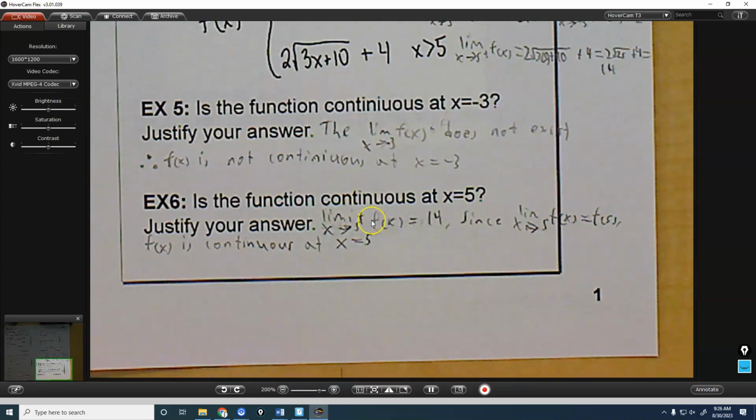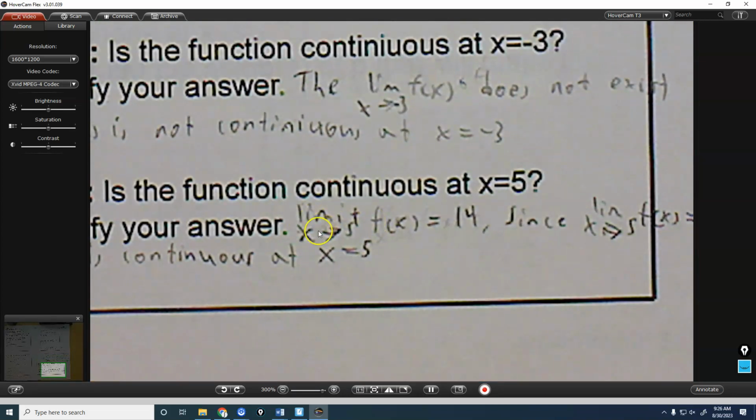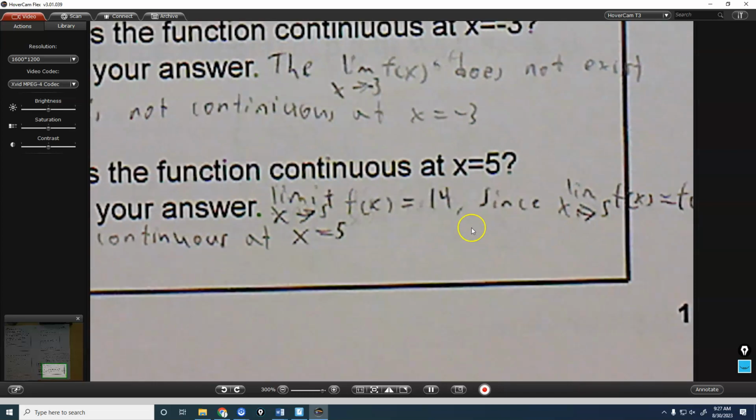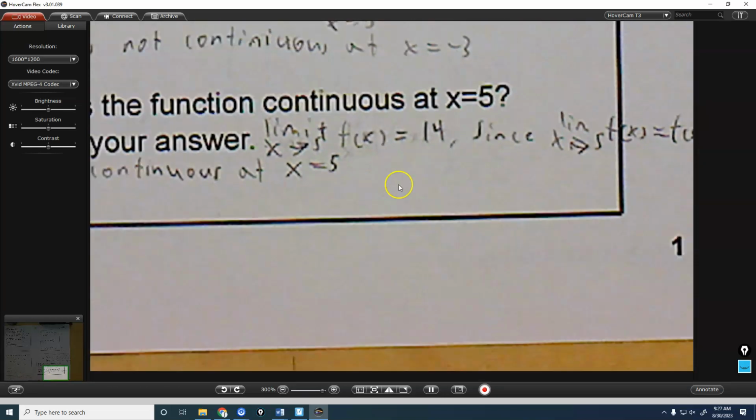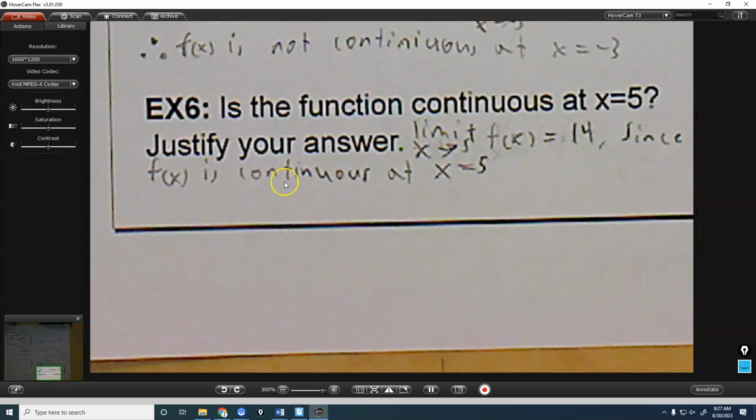And then he says that the limit as x approaches 5 of f of x equals 14. I would not write out "limit" right there because that would not be standard math notation, but it's not a big deal. Since the limit as x approaches 5 of f of x equals f of 5, f of x is continuous at x equals 5.